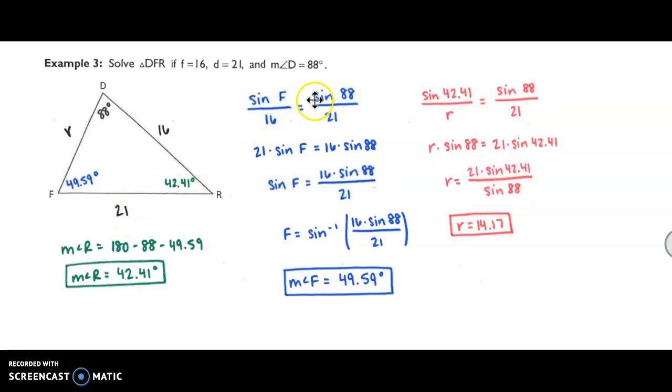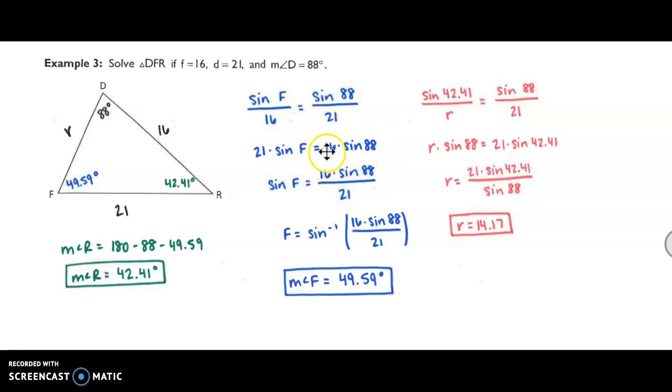And so I think what we did was we solved for the angle F, all right? So sine of 88 over 21, those are the D's, right? Capital D over lowercase d, sine of F over 16. And how do we solve a proportion? We cross multiply. So 16 times sine 88 equals 21 times sine of F.